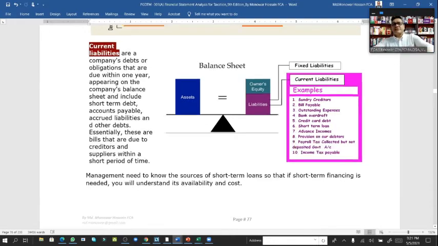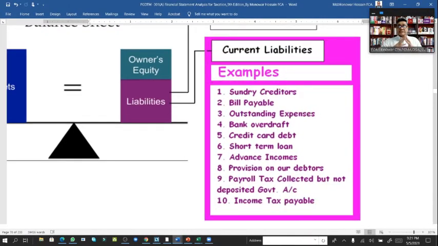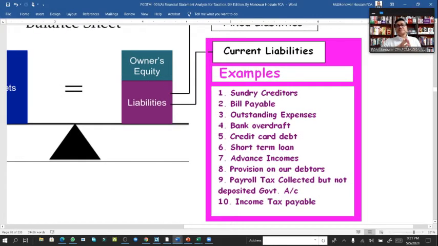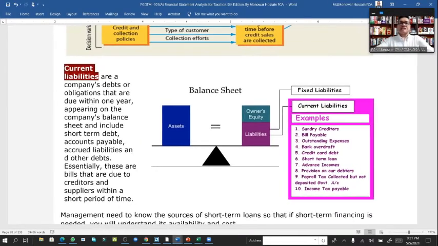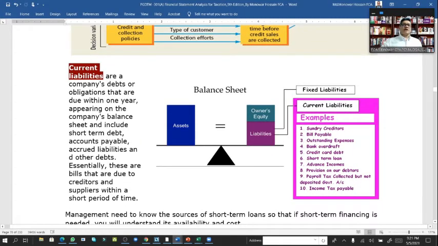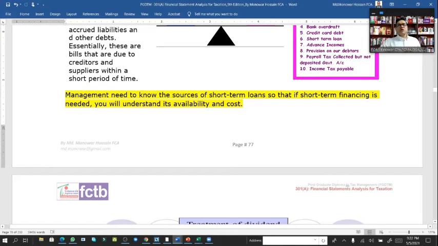So the current liabilities are creditors, bill payable, outstanding expense, bank overdraft, short-term loan, provision for other debtors, others payable, tax payable, etc. So the current liabilities are a company's debt or obligation that are due within 1 year. Management needs to know the source of short-term loans so that the short-term financing is needed, and we will understand the availability of the cost.